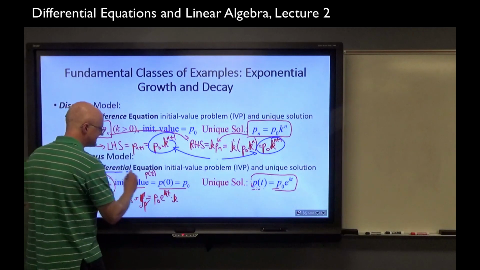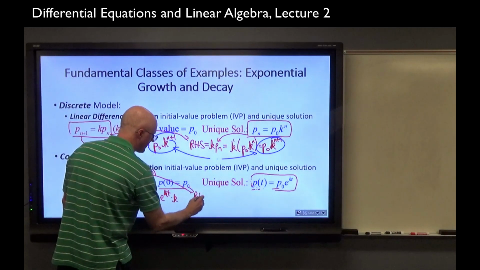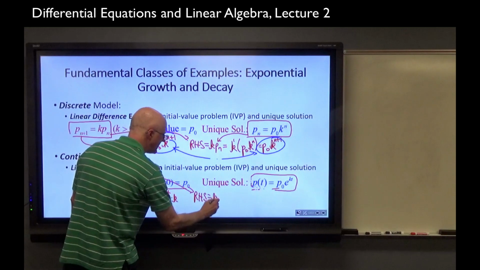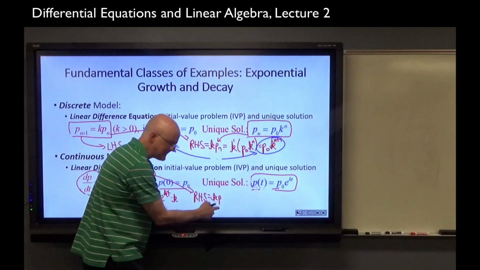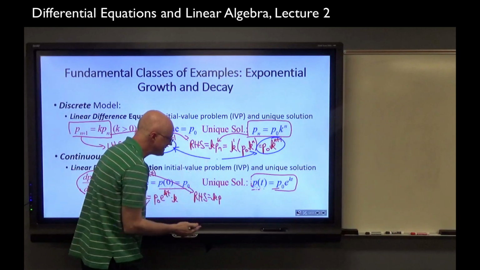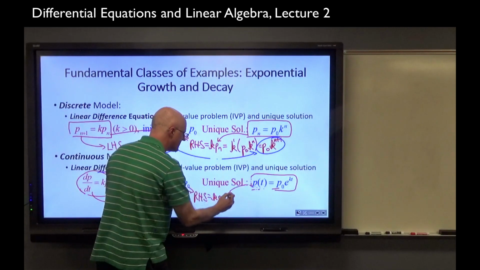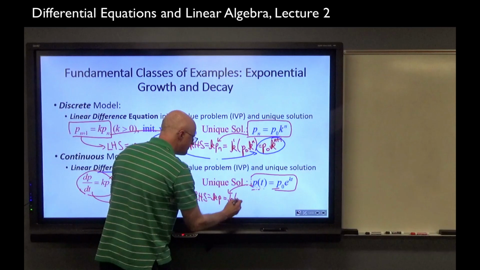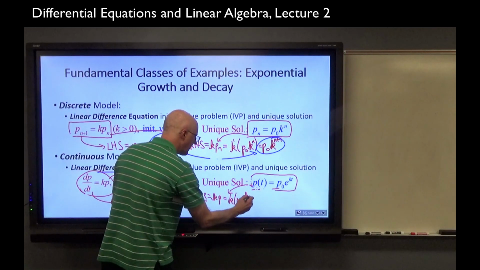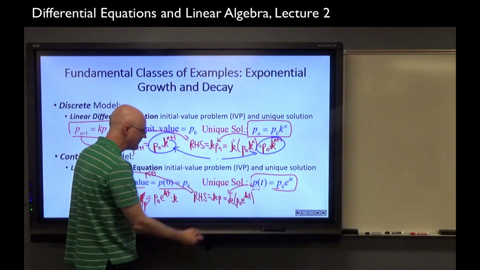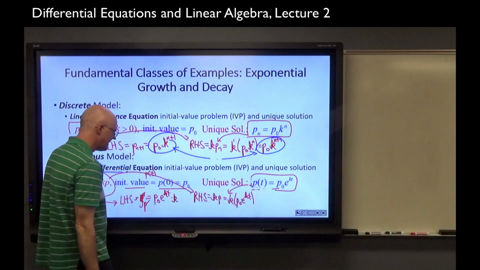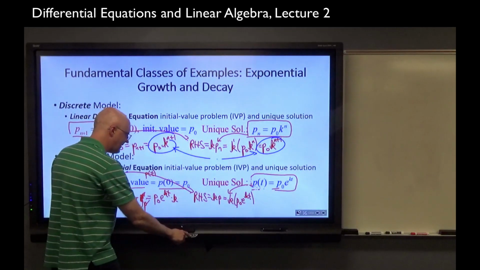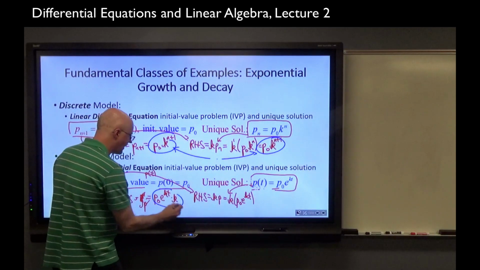What about the right-hand side? kP. And again, even though you don't see a t there, you're imagining P depends on t. Now go ahead and plug that function in to get k times P0 e to the kt. Now I put parentheses in there for emphasis that that is the function P, but look, I can switch around where the k is. These two things are the same.